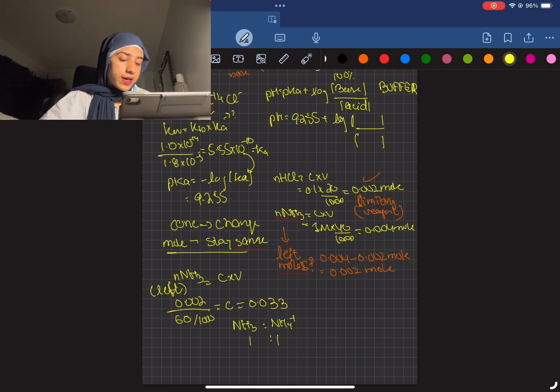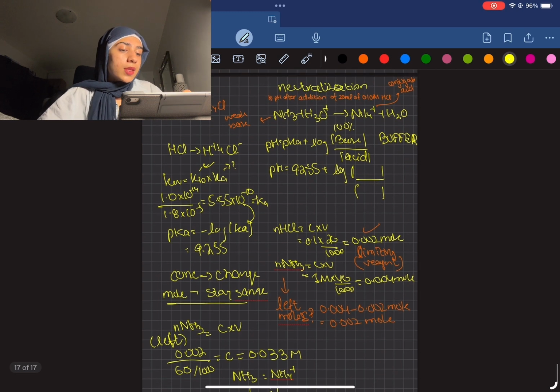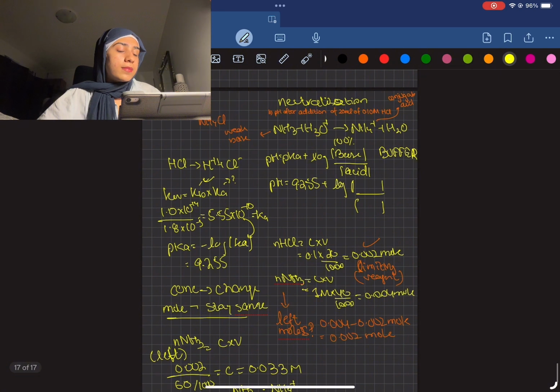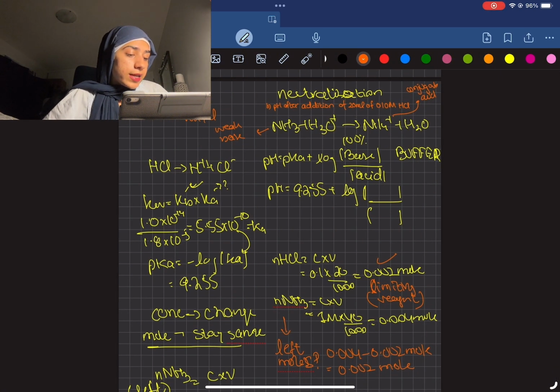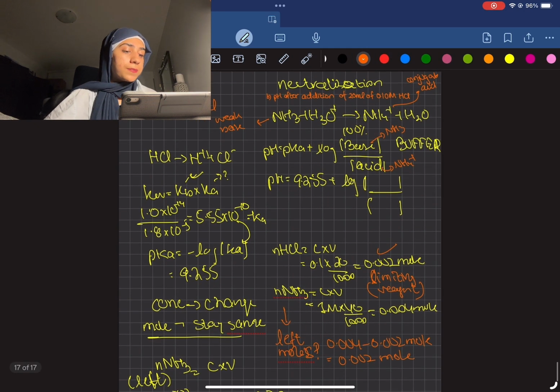So if I have the concentration of 0.0033 molar for NH3, I also have it for my NH4 positive. You need to know, your base over here is your NH3 and your conjugate acid is your NH4. That's why I always mention NH3 versus NH4, because NH4 is your conjugate acid over here. So I'll put the concentrations in here.